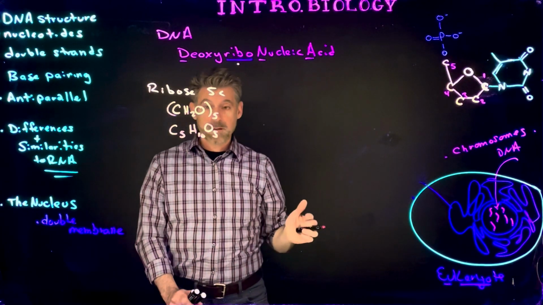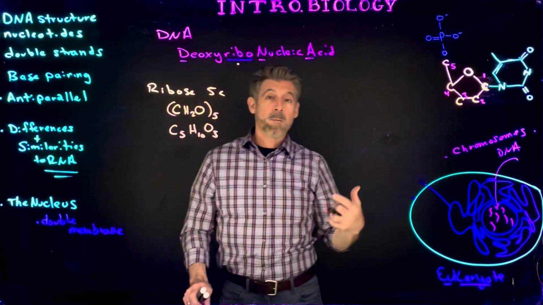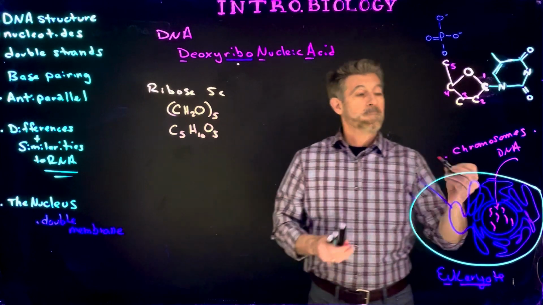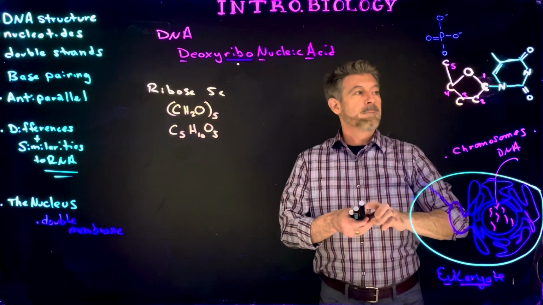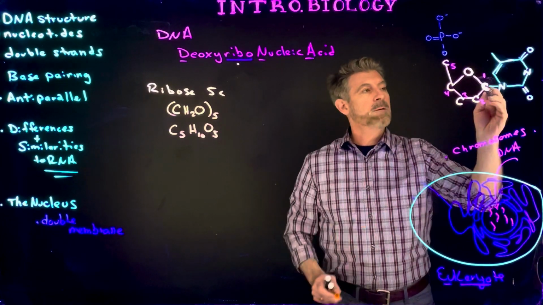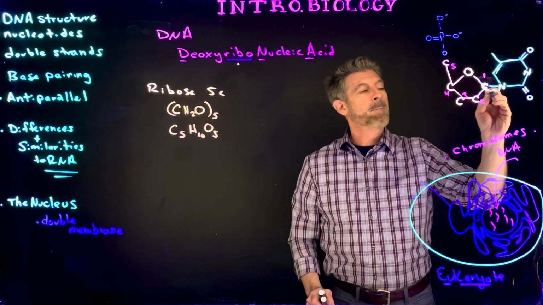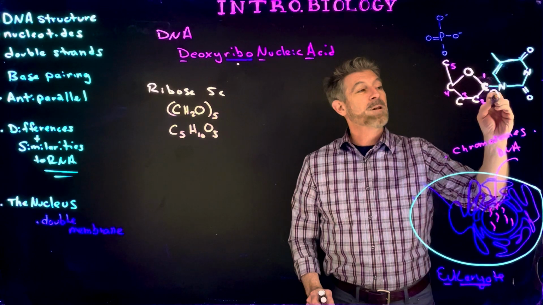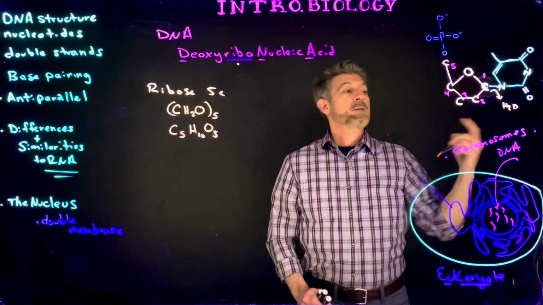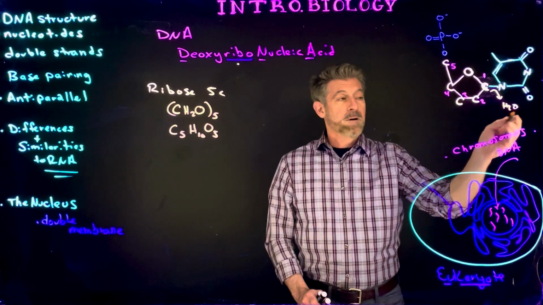There's 5 carbons. As a rule for sugars, if you remember, every carbon was supposed to have an oxygen. These carbons here would have had an oxygen that would have been part of a bond, but that oxygen was lost when it formed a bond here to form water. So that oxygen is gone here.